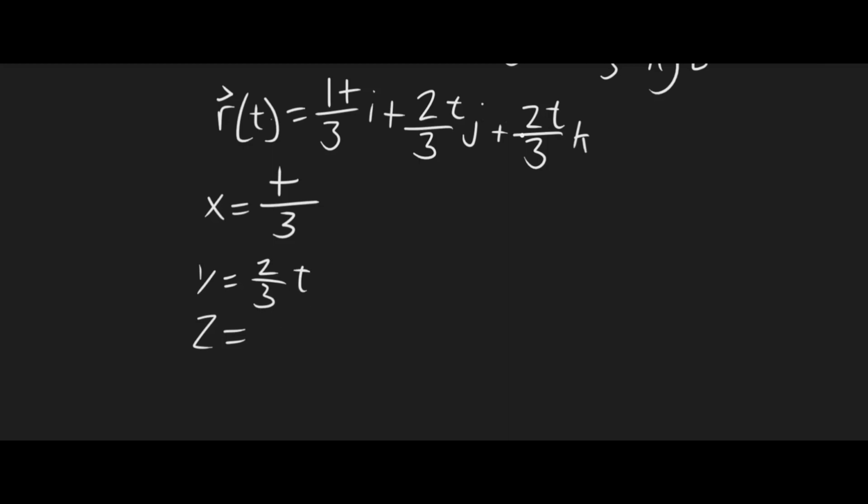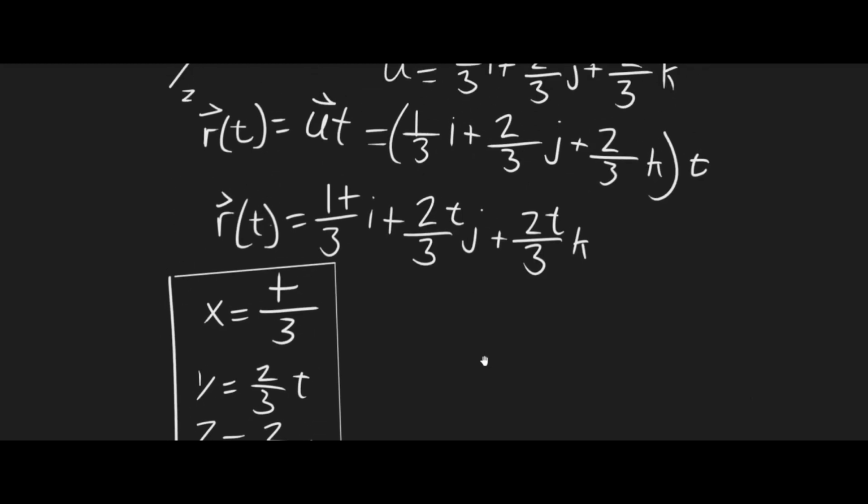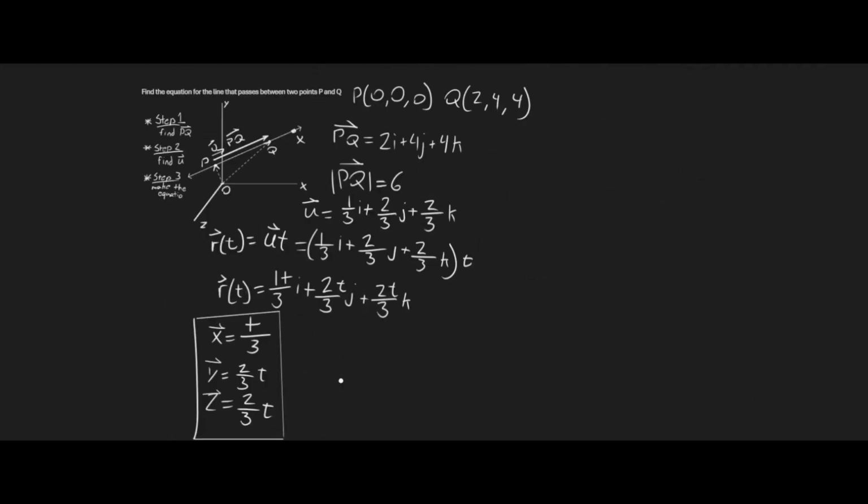And the z component is 2/3 t. So now you have 3 parametric equations that all rely on t. You can either write it this way, or you can write it in one equation like this.